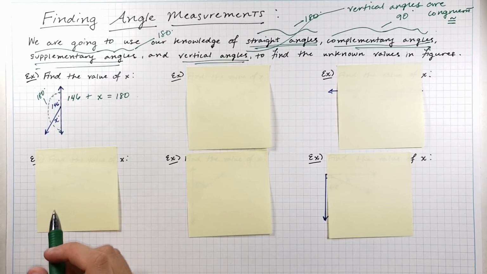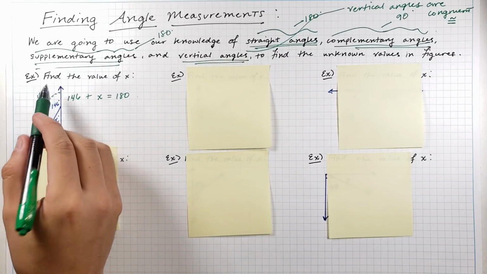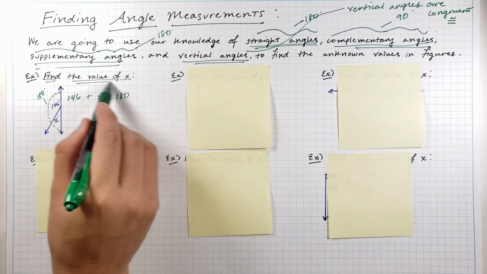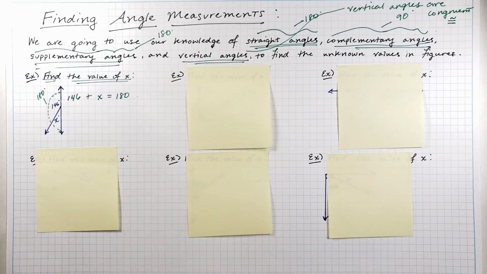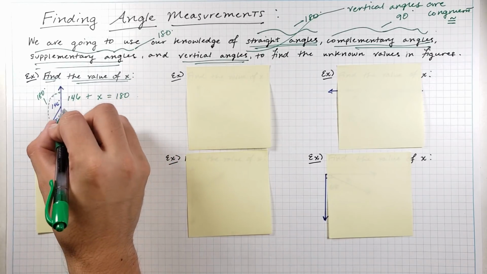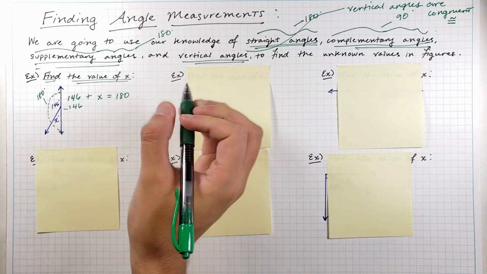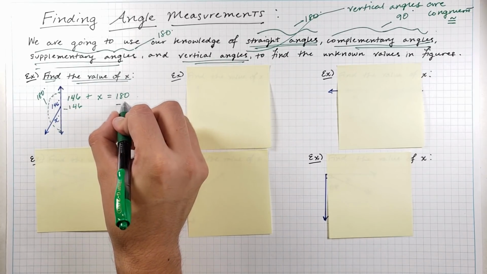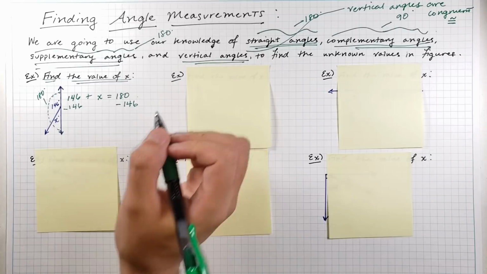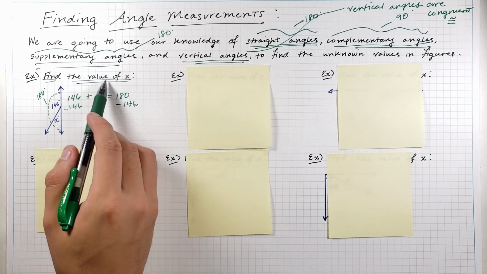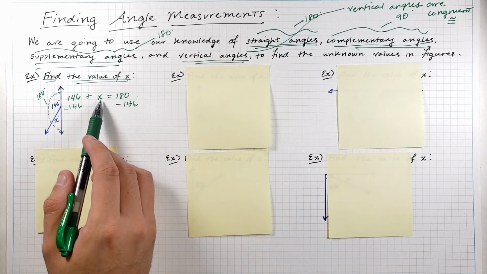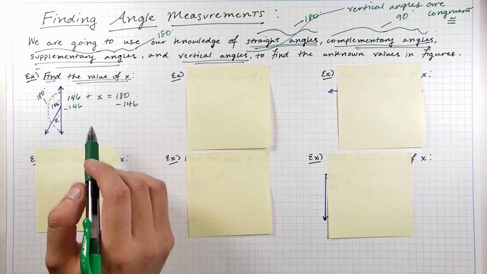So what we can do here is a little bit of algebra, because we want to find the value of x. You could just subtract 146 from both sides, right? What you do to one side, you do to the other side, because to find the value of x, you want to get x by itself.